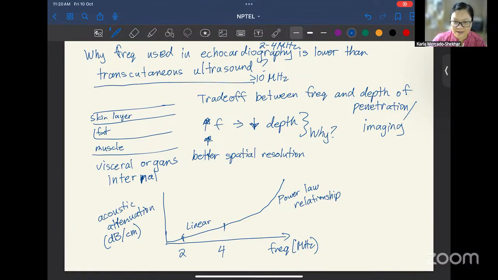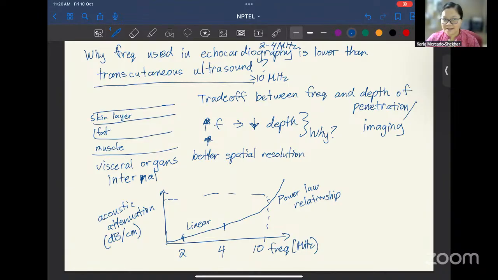For transcutaneous, more than 10 megahertz. So let's say 10 megahertz falls somewhere here. You can see that as you increase the frequency, you're losing a lot of signal. And if you go deeper, so that's where the centimeters come in, then even more signal gets lost.